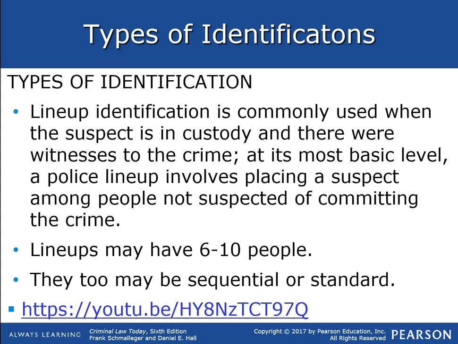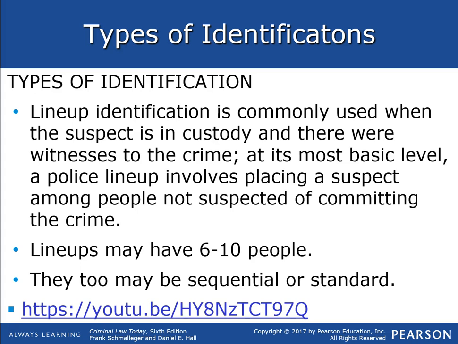At its most basic level, a police lineup involves placing a suspect among people not suspected of committing a crime. Typically from 6 to 10 people is the standard, and they too may be standard where you have all 6 to 10 at one time, or sequential, kind of like I showed you the one photo at a time. They might have one person walk in, turn around, face you, maybe even say something.